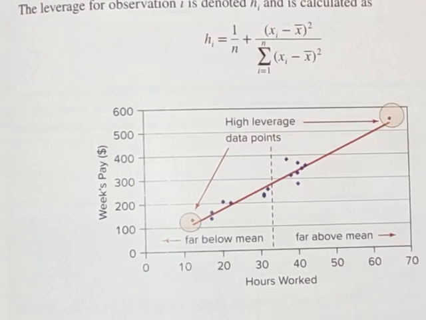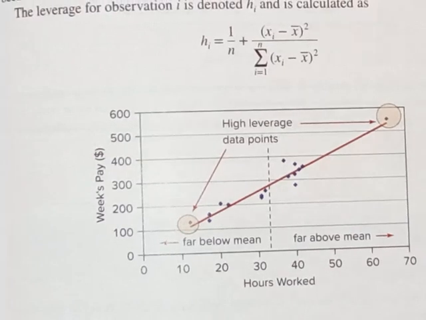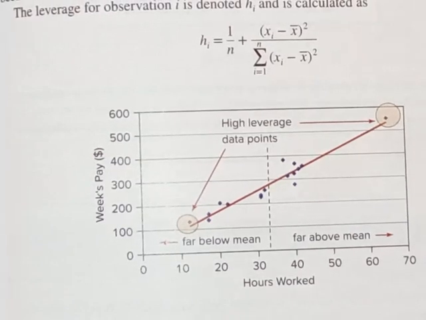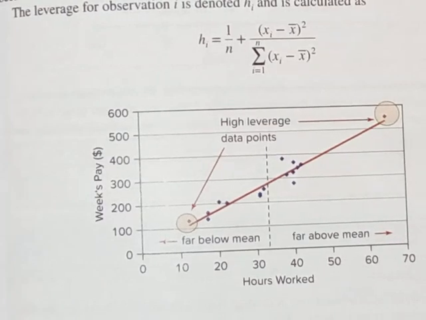Okay. Now my average leverage should be about 0.066. So anything that's way bigger than that will be unusual in leverage. 4 times that would be 0.25, 0.24-ish, right?